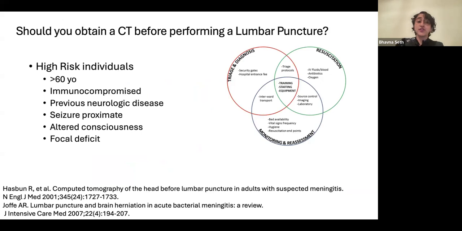However, there are a few patients who may be higher risk, especially if their exam is concerning, but also in general, be cautious. These are patients who are elderly, immunocompromised, have seizures, and any focal deficits. So in these patients, you definitely want to try to get imaging before performing an LP to minimize complications.